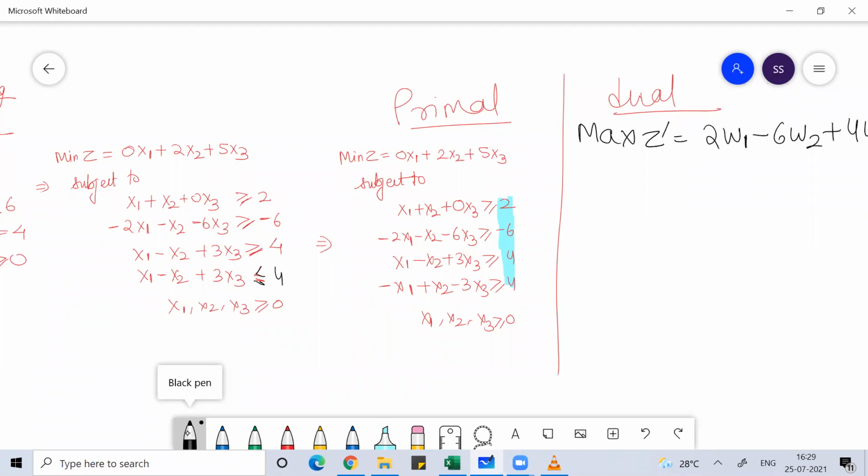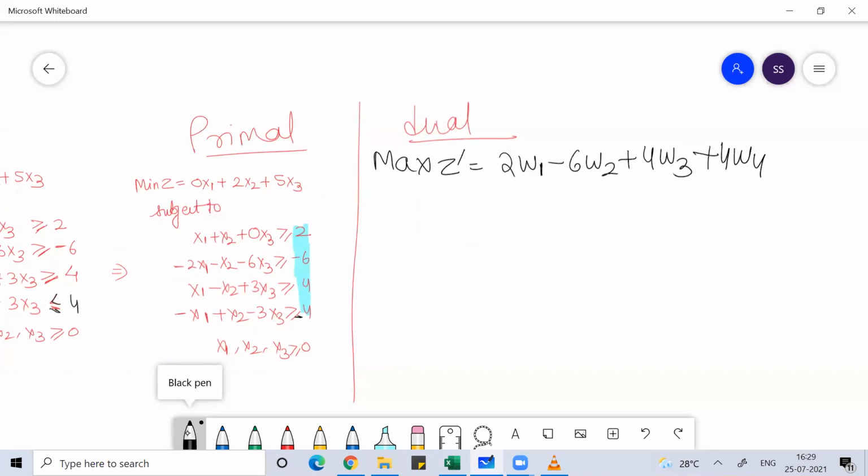Then this will be less than or equal to minus 4. So this will be 4w4.